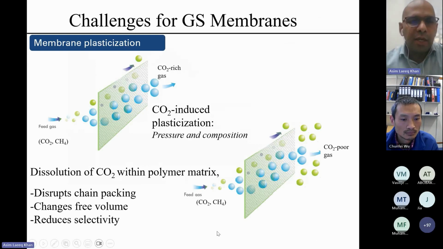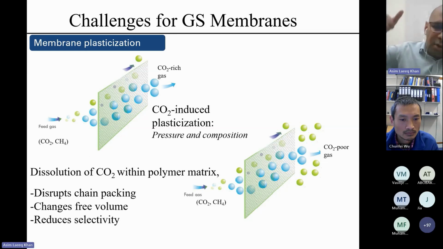The other major challenge is membrane plasticization. As solution diffusion is the dominant transport mechanism, and because CO2 is a highly condensable gas, it dissolves into the polymer matrix, disrupts the chain packing, and increases the free volume.